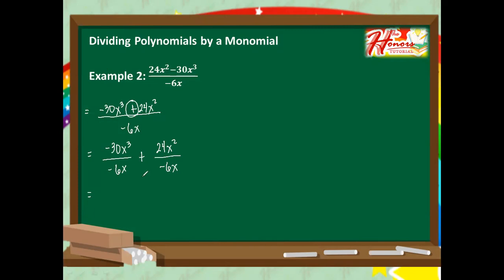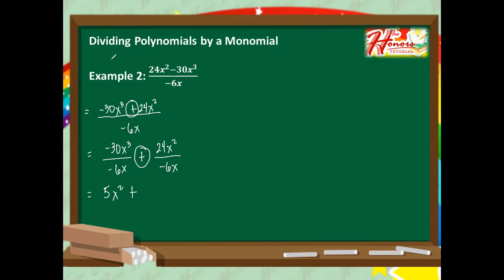So negative 30 divided by negative 6, that's positive 5. Because when you divide a negative by a negative number, it will become a positive number. And then for the exponents, we have here x squared, because 3 minus 1, that is x squared. And then copy this operation.